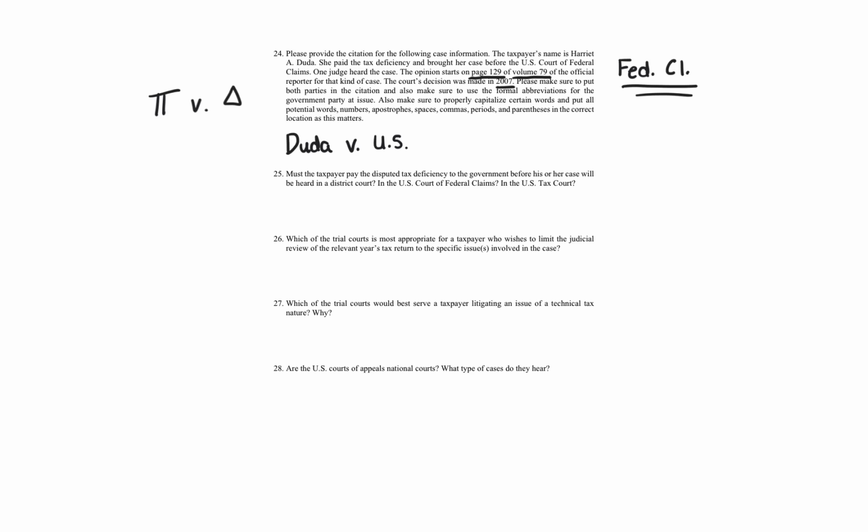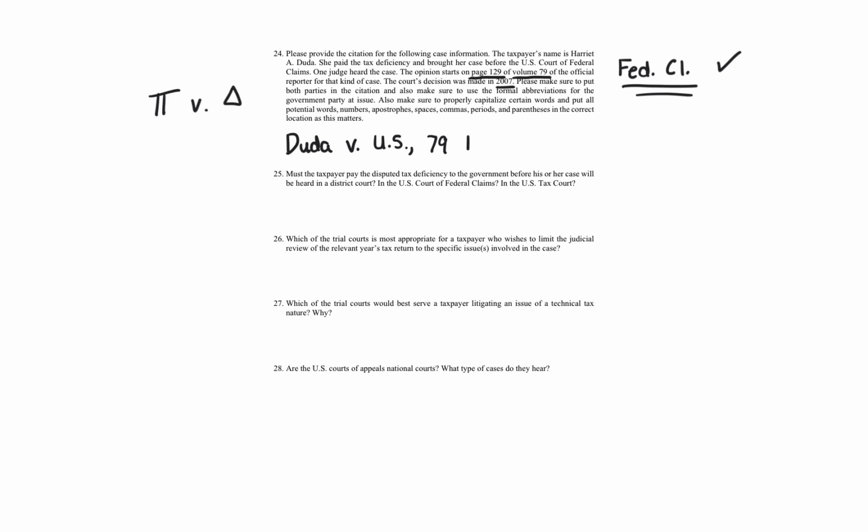So it's U period, S period. Then we put a comma. Now we do another space. We're going to go to the volume, which is 79. And now we do another space, and then we use this official reporter.